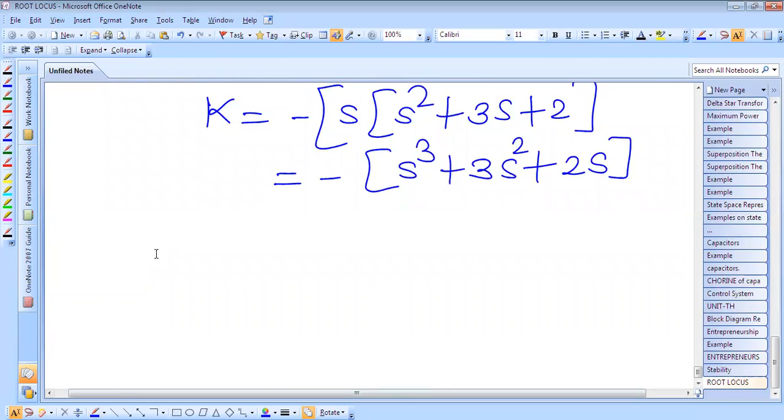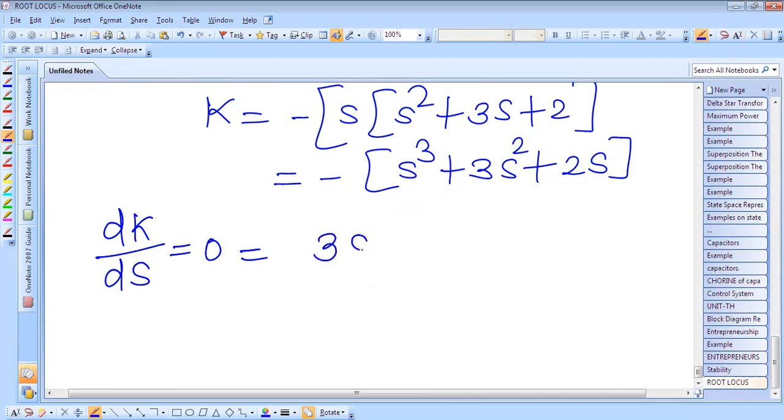Now differentiate this k with respect to s and equate it to 0, therefore 3s square plus 6s plus 2 is equal to 0.